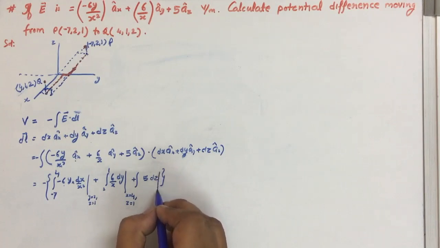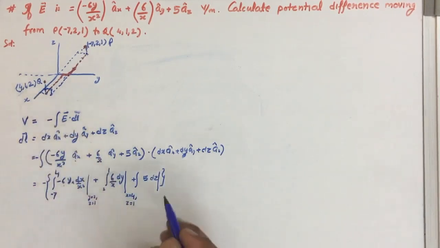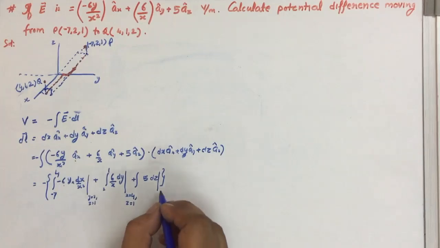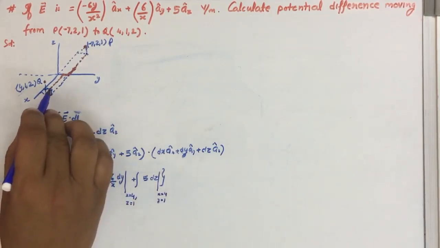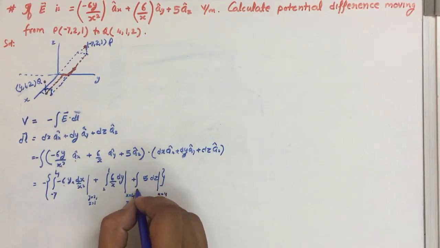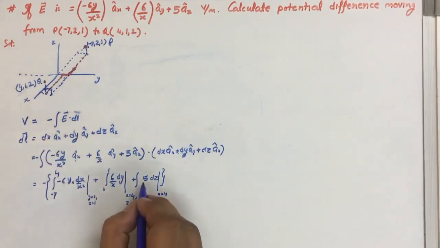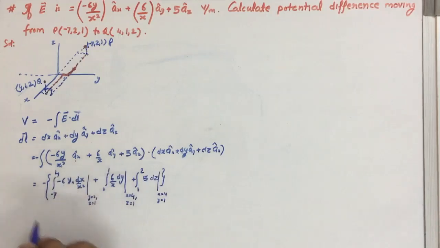So x and y remain the same: x is 4, and y is 1, because at the earlier point y was 2 and at this point y is 1. Z is varying from 1 to 2. Hope it is clear to you all.